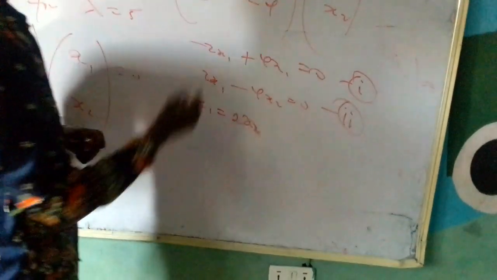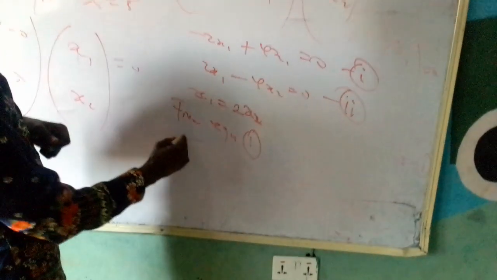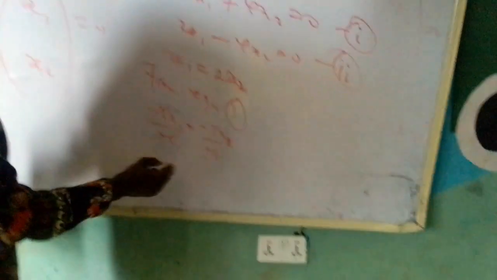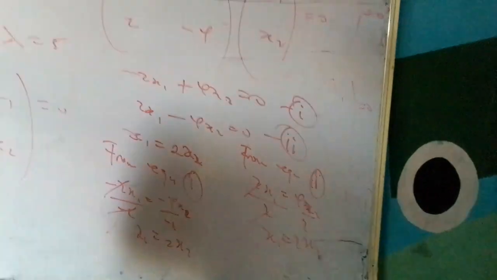From equation 1, we have minus 2x1 equals minus 4x2. Dividing both sides by minus 2, we have x1 equals 2x2. From equation 2, we have 2x1 equals 4x2. Dividing both sides by 2, we have x1 equals 2 times x2 in both cases.